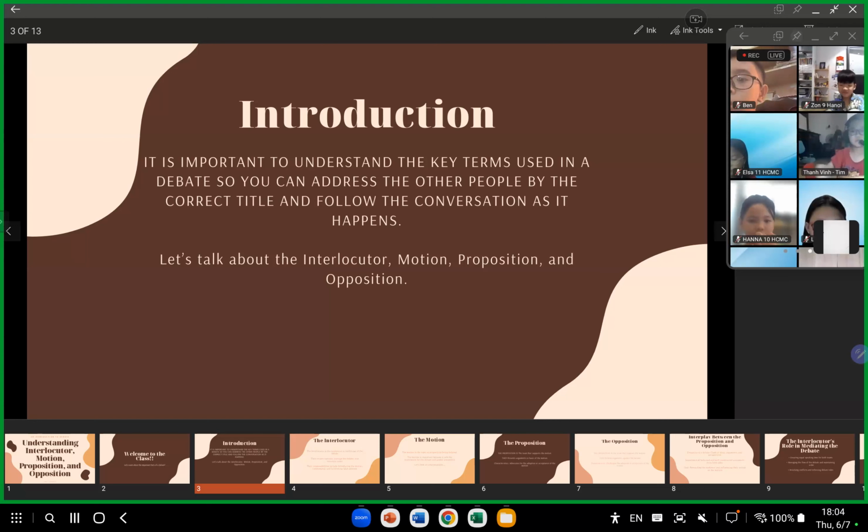So they'll be talking about the proposition, the opposition, they'll ask for the motion, they'll refer you to the interlocutor. So it's important that we understand all of this so that we're able to follow along with the debate. It makes it a lot easier for us. So let's talk about the interlocutor, the motion, proposition, and opposition.